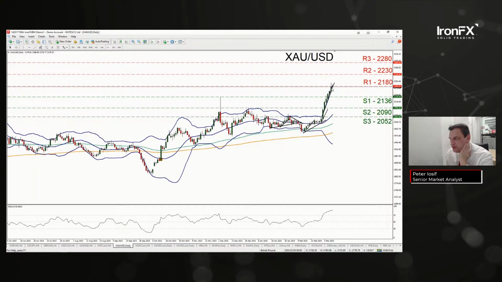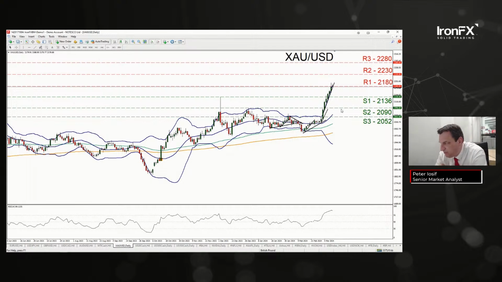On the other hand, should the bears take full control over the precious metals price, I would expect the price action to drop and at some point breach the 2136 support line, signaling the initiation of a bearish outlook, possibly starting to aim for the 2090 within the next week.